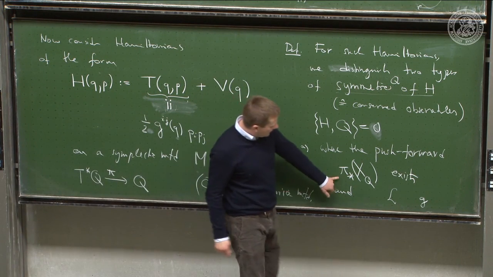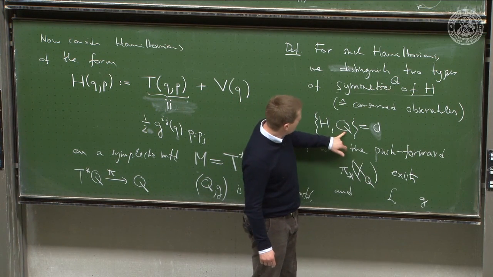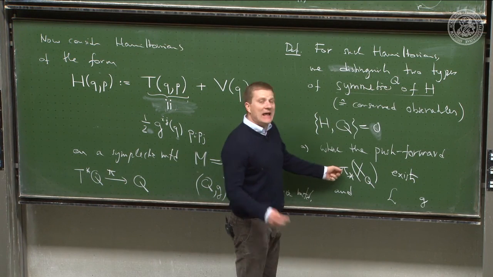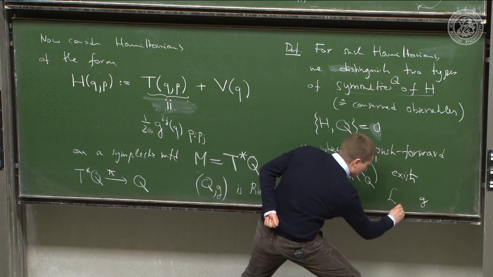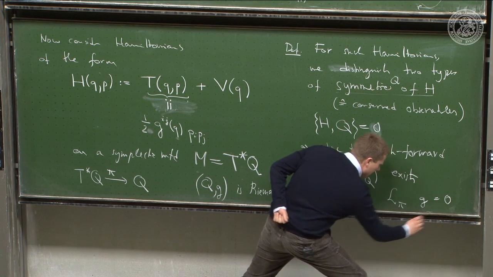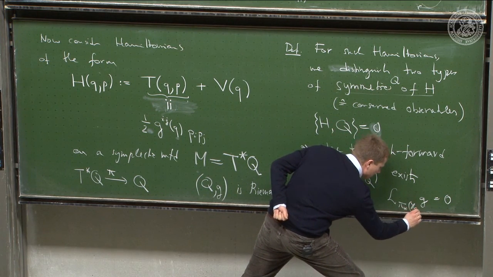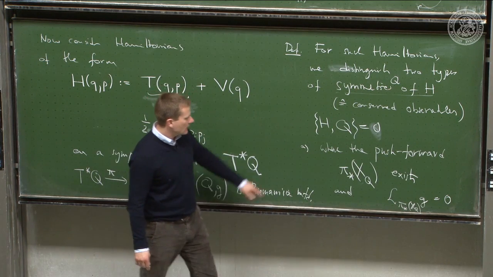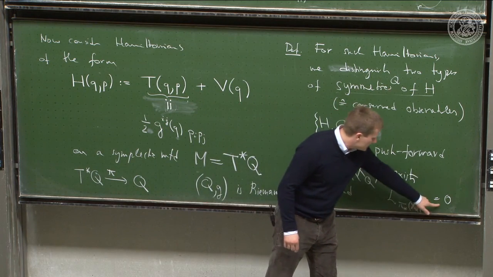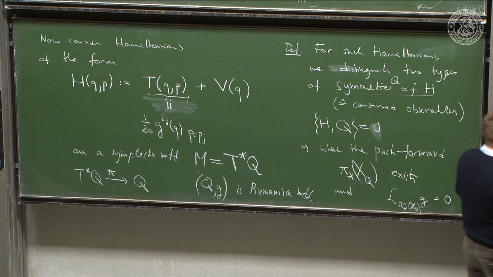If the push forward of the Hamiltonian vector field with respect to the symmetry A of H exists, and it's a Killing vector of G, that means the Lie derivative with respect to it on the metric here, and that now of course lives down there, is 0. This is called a kinematical symmetry.